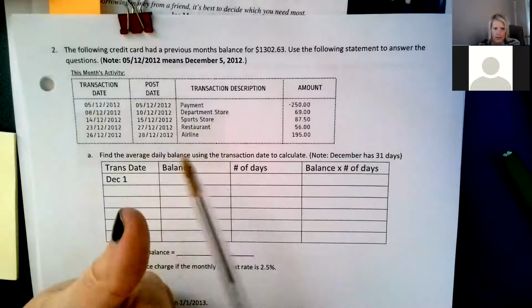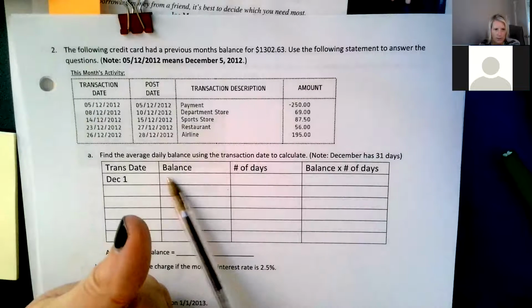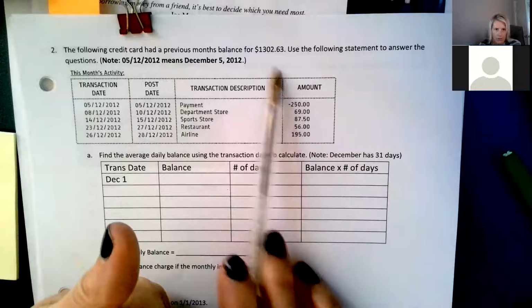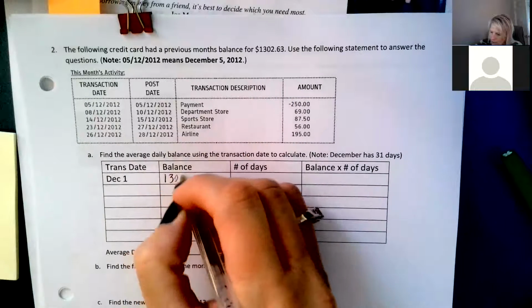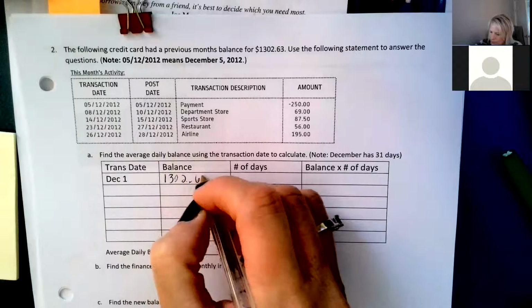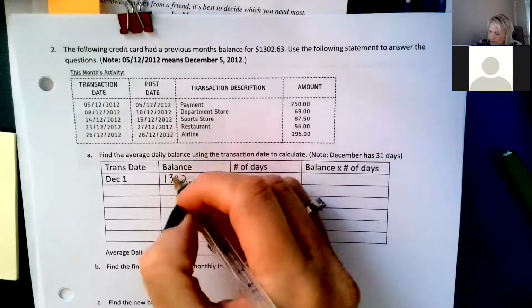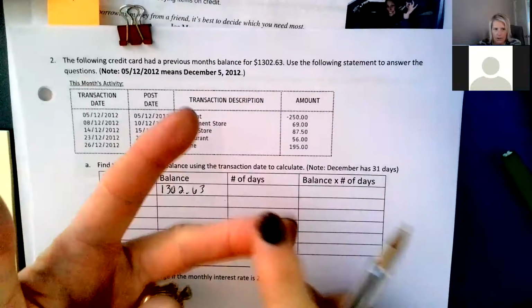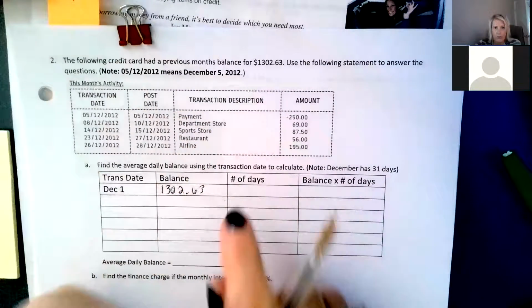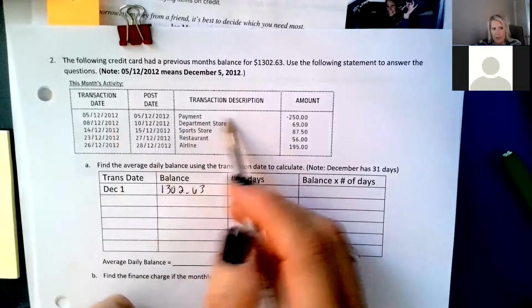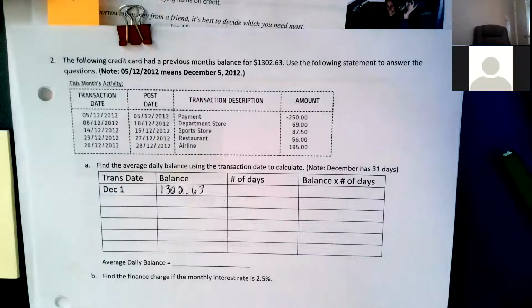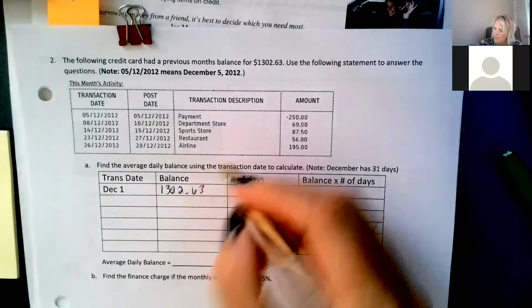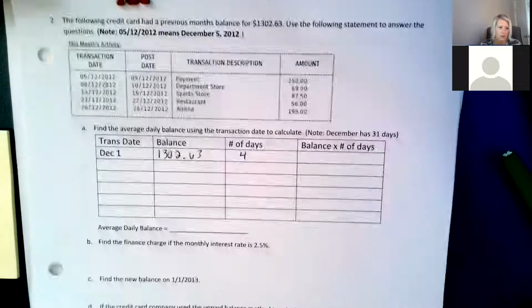Well, first we have to start with what your balance is on December 1st, which is 1302.63, right? So it was that balance on the 1st, the 2nd, the 3rd, the 4th, and then on the 5th we made purchases, or made a payment, so we had a new balance. So it was that for 4 days. Okay, yeah, it's kind of quirky. It makes sense though.